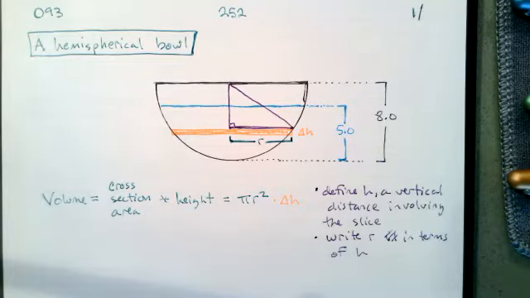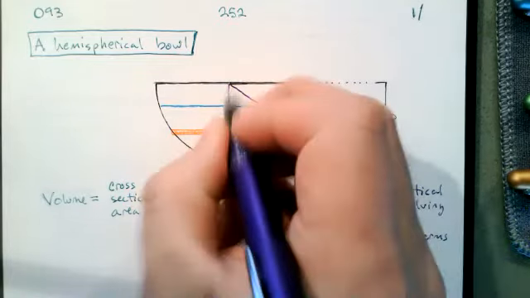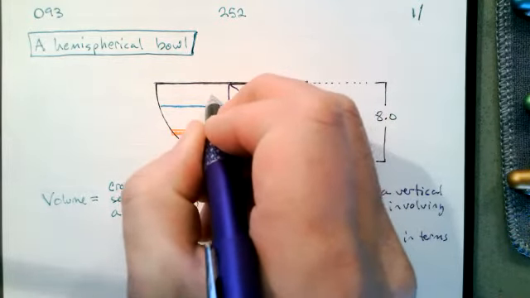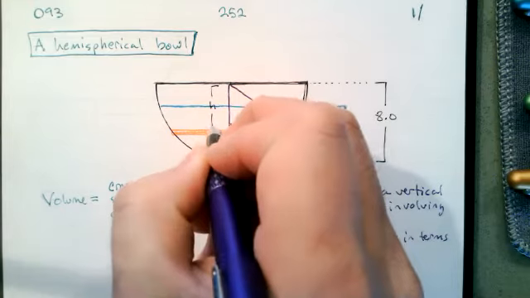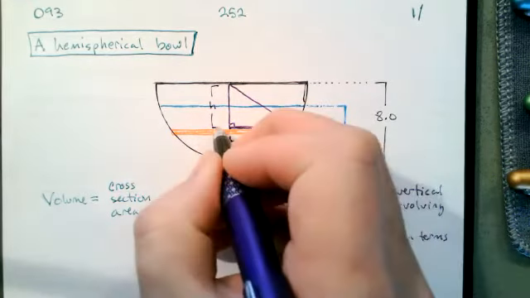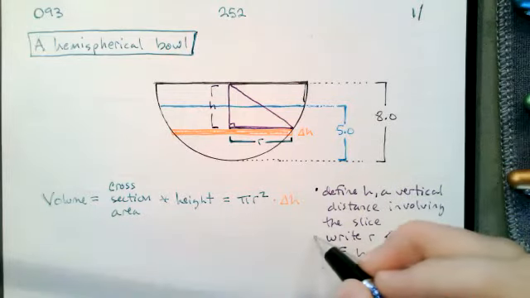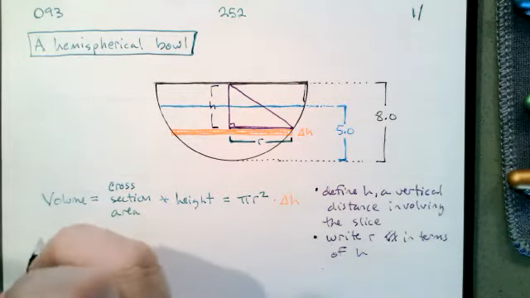Yesterday, what we did was we defined h to be this vertical leg of the triangle. So h was the distance from the top of the bowl down to the slice.